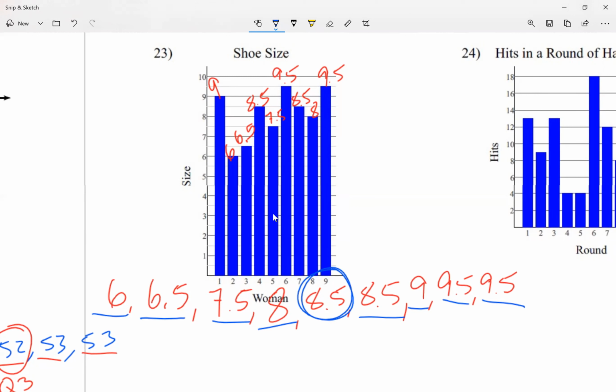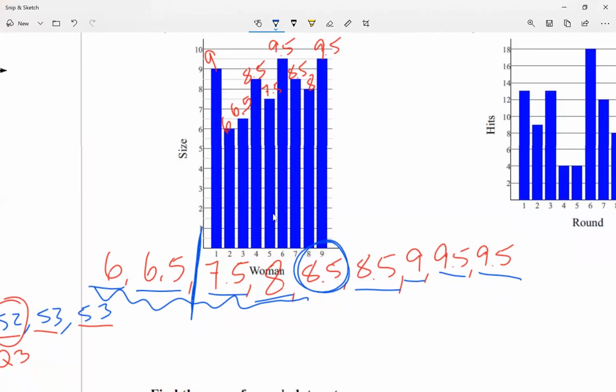From the numbers on the left, there's four numbers. If I could ask you what number is right in the middle, I could draw a line right here in the middle, the number between 6.5 and 7.5. If we cannot tell, add 6.5 plus 7.5 divided by 2, and we're going to get 7.